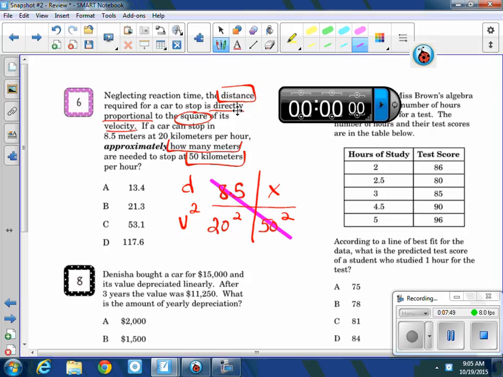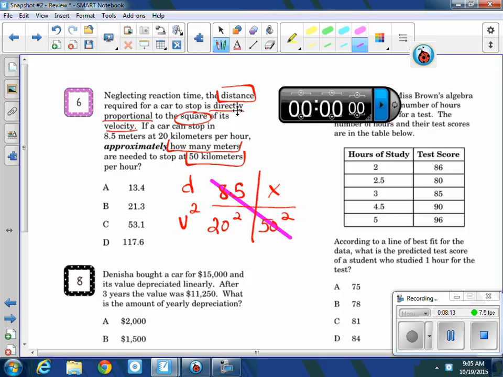Divided by 20 squared. So 8.5, Hyman, did you do it in the calculator again? I'm not a babysitter. Let's go. Calculator, let's go. Do it. I'm not a babysitter, so I'm not telling you all what to do. You know what to expect of you.